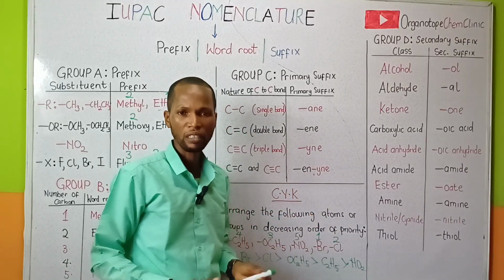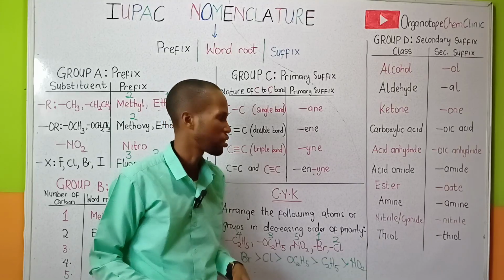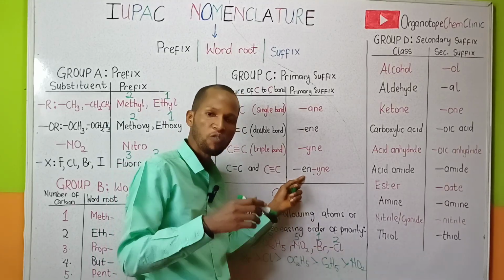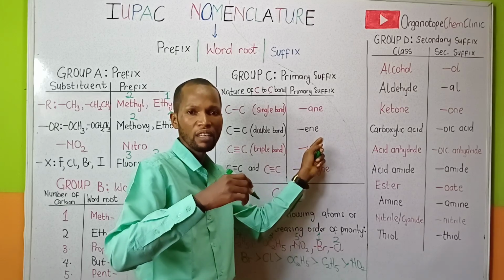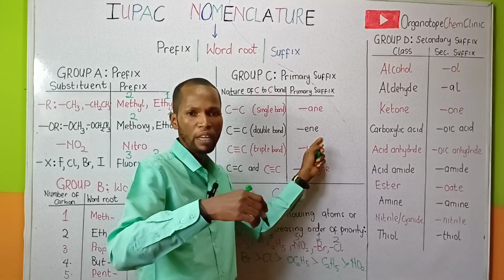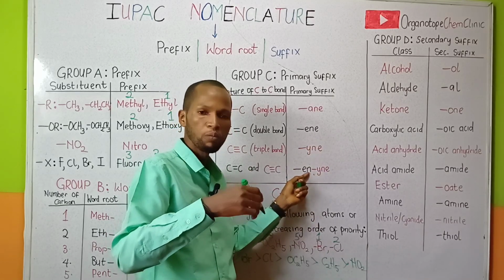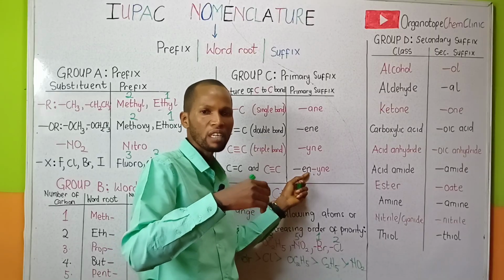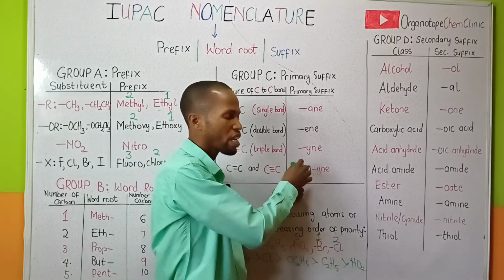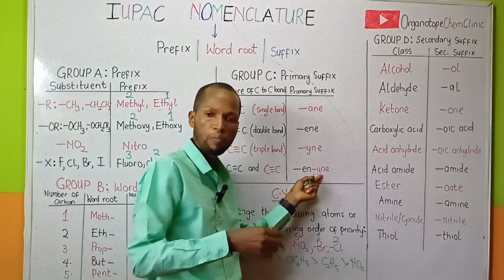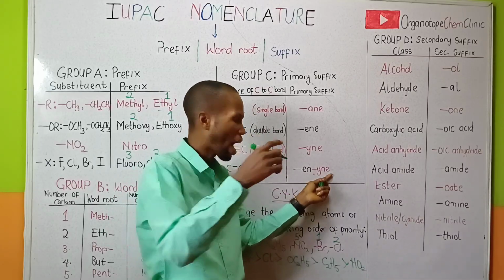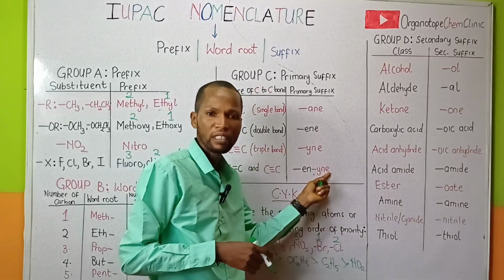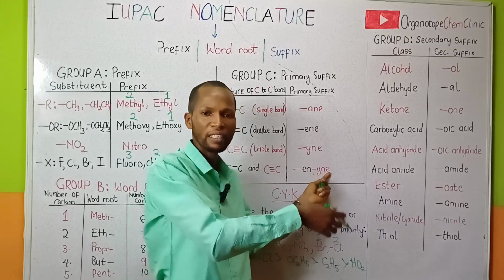"yn" in alphabetical arrangement. Note that we have to remove the last E right here, since we are not ending the nomenclature, so E will be removed from the "ene". So we have EN, then before we write the YNE, we have the alphabet E right here because we are ending the nomenclature.